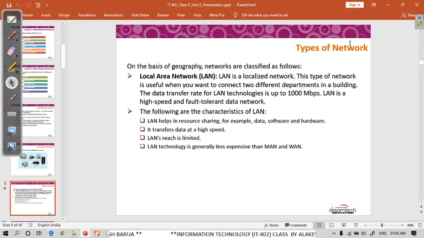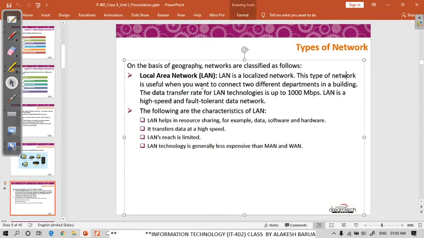Then types of network. What are the various types of network? Networks are divided on the basis of components and on the basis of geography.